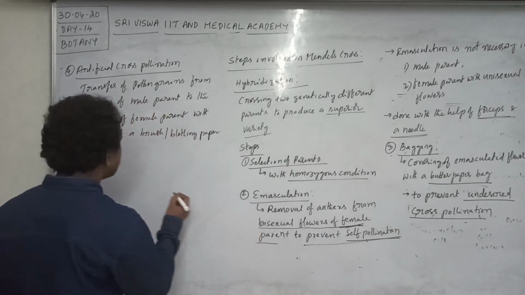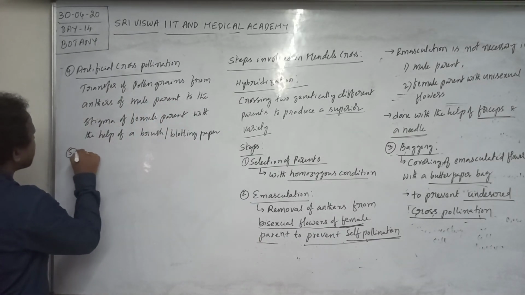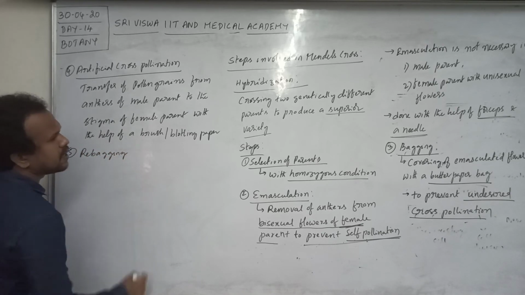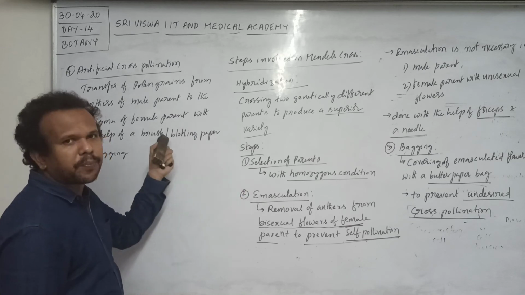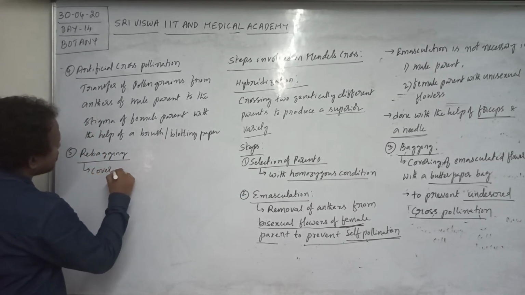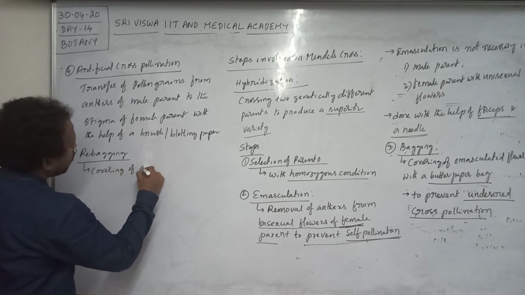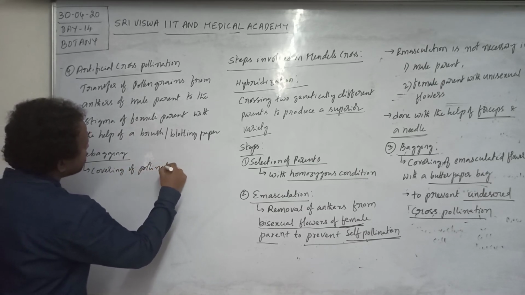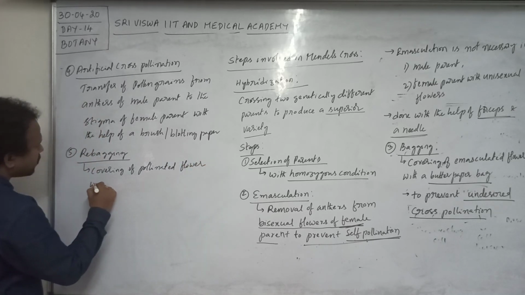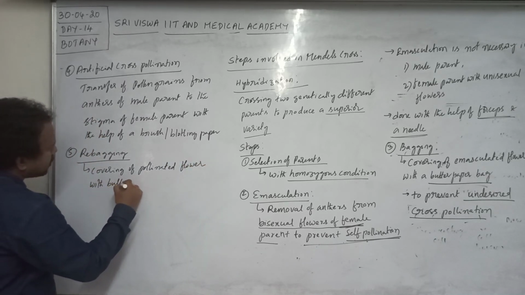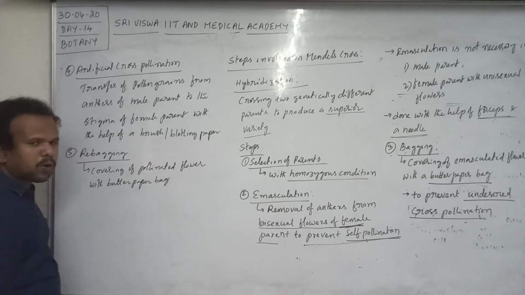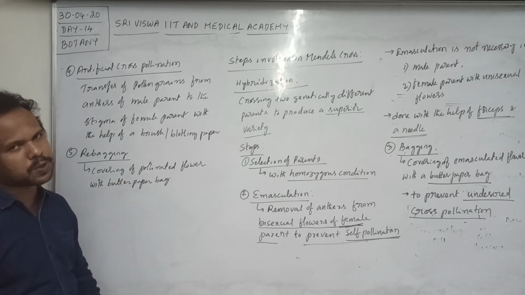Then another very important step, rebagging. I mean again covering of the pollinated flower with a butter paper bag. It also prevents undesired cross pollination.